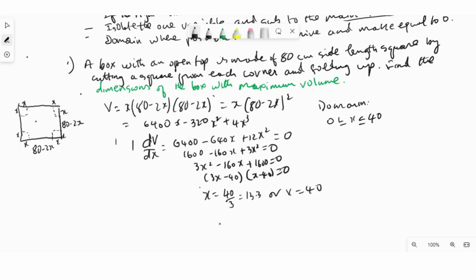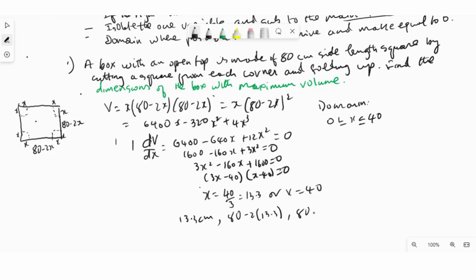So now what are the dimensions? The dimensions will be: x is 13.3 centimeters, and then the other one will be 80 minus 2 times 13.3.